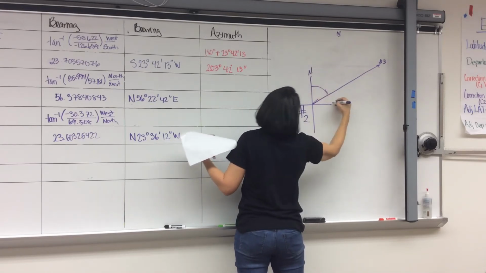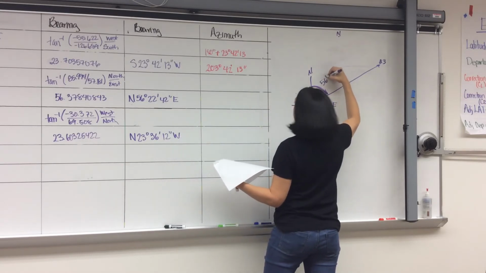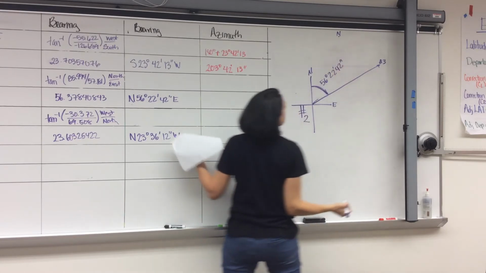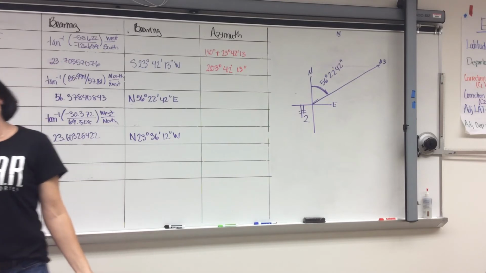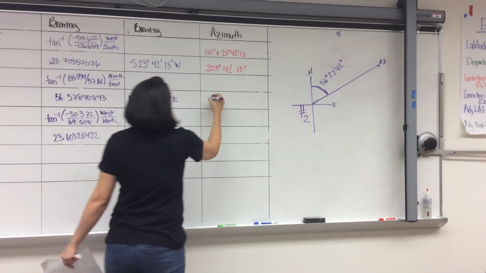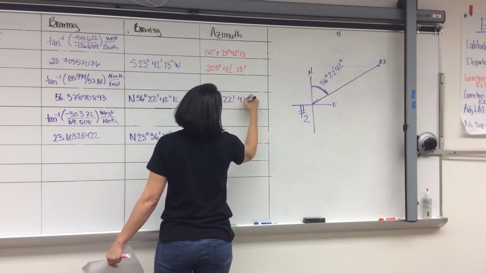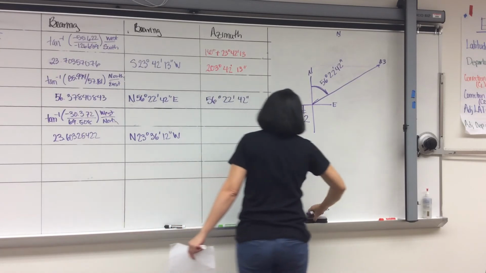Since it's in the northeast, this angle here is 56 degrees, 22, 42. So when you're in the northeast quadrant, what is your azimuth? Same as the bearing. So all I have to do is write 56, 22, 42. So that's my azimuth.